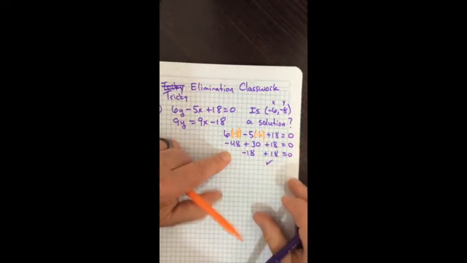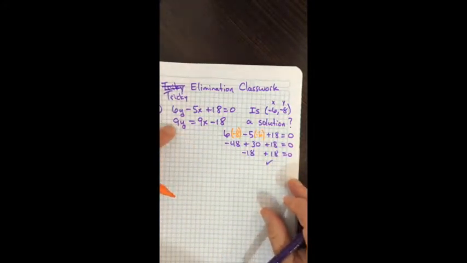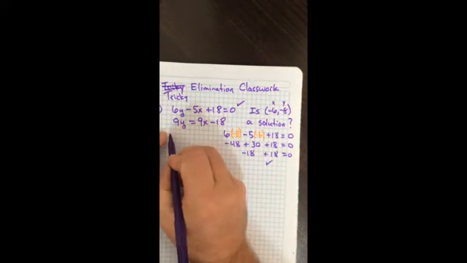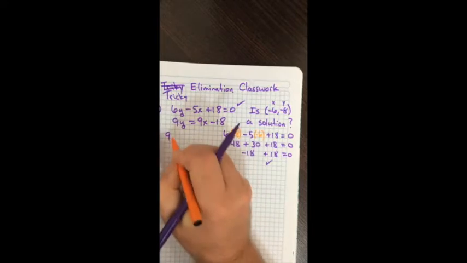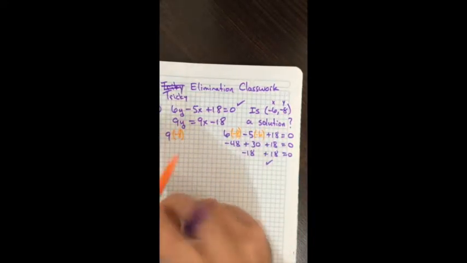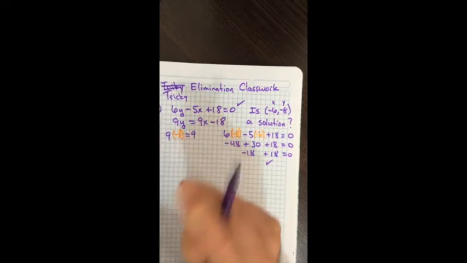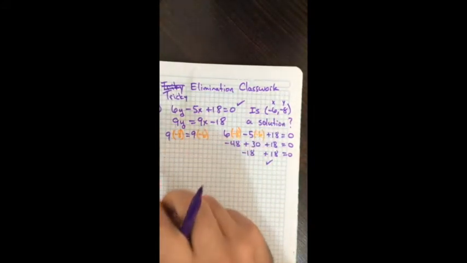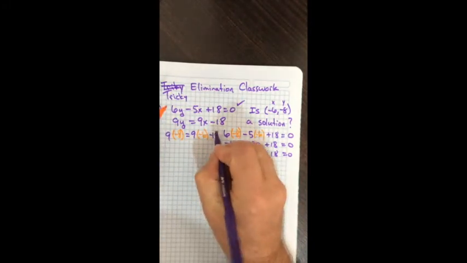Now it has to make them both true. So now I'm going to plug it into this one. That made the first one true. Check. Let's plug it in the next one. So the next one is 9 times y. The y number is right there at -8. Does that equal 9 times x? The x is right there at -6 minus 18.